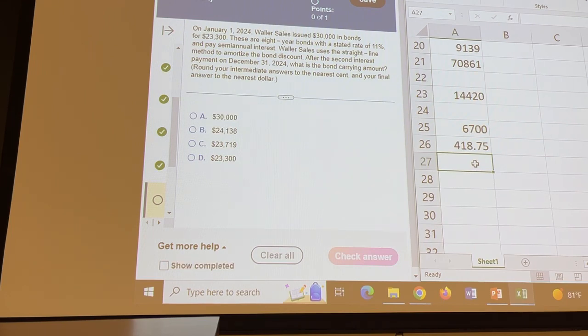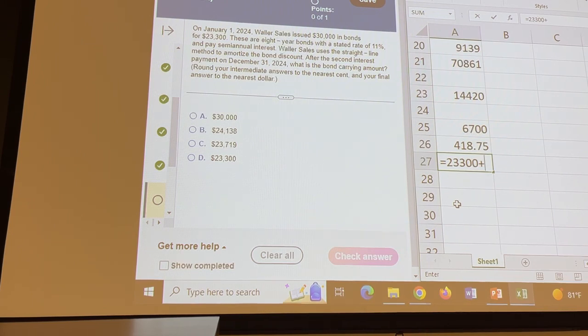after 2 payment dates, what we'll do is we'll say it'll be the price they are issued at, $23,300, and then we'll add back 2 amounts that we amortized.